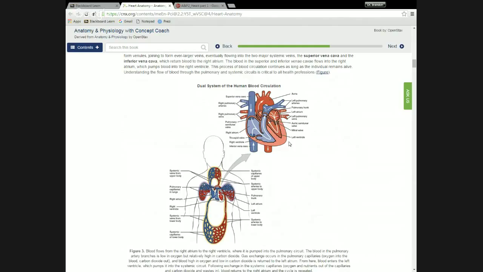The base is where all of the major vessels are attached. So it's here where the atria are, and that's where the heart's attached. And the apex is the pointy end next to where I have the mouse here, a little bit off to the left side.